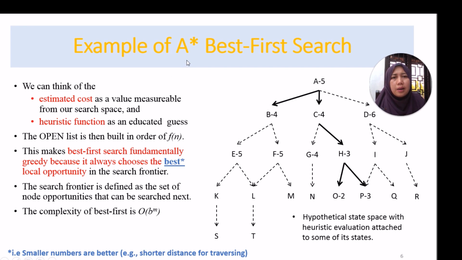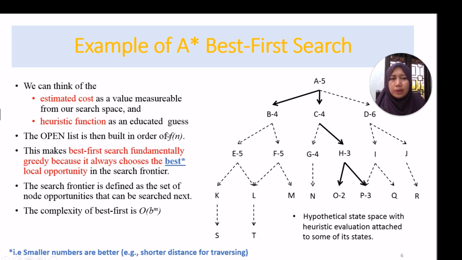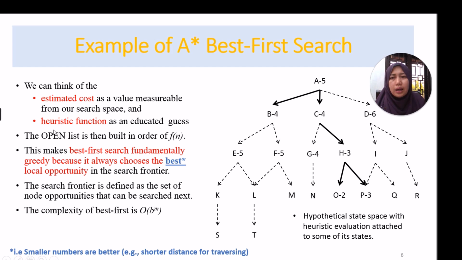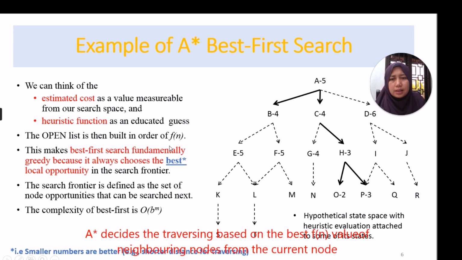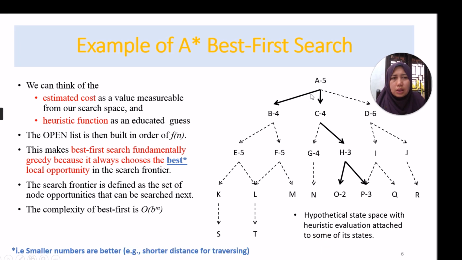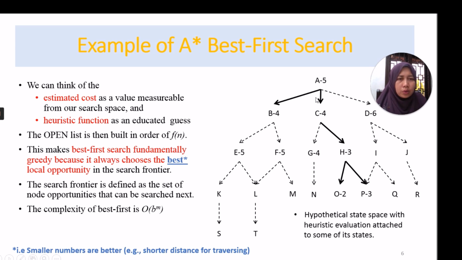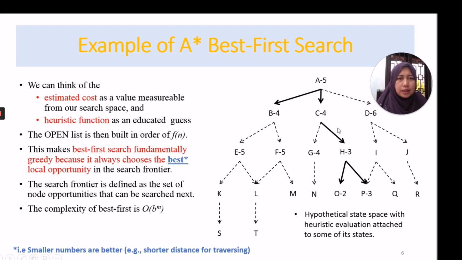The A-star best first search, or A-star algorithm, is an algorithm that combines the estimated cost, known as G(n), and the heuristic function, known as H(n). This F(n) consists of G(n) and H(n). Let's say we want to start from A, and the goal is to go to P. The traversing is as given in the bold lines here.